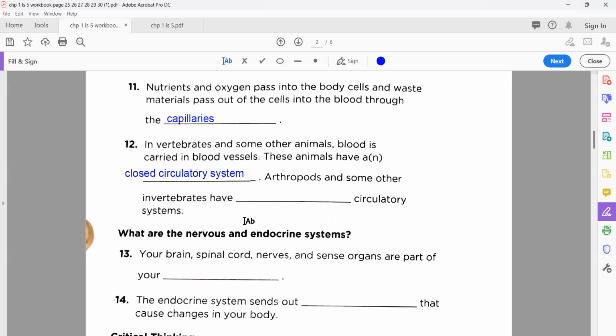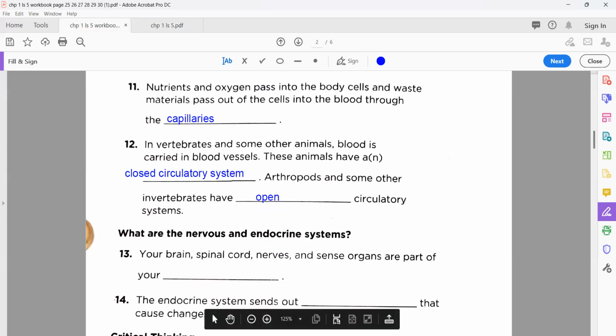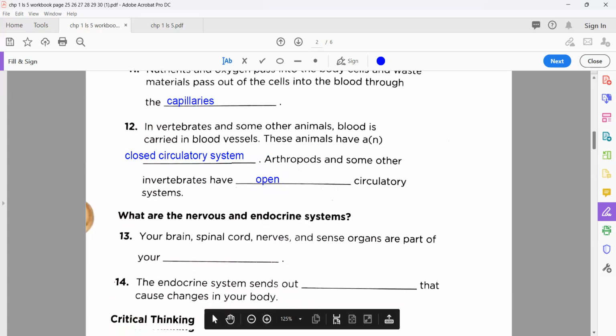But when you come towards arthropods and other invertebrates, they have dash circulatory system in which blood does not flow inside these tubes, or you can say in vessels like arteries or capillaries or veins. So that is just an open system. So we write here open.